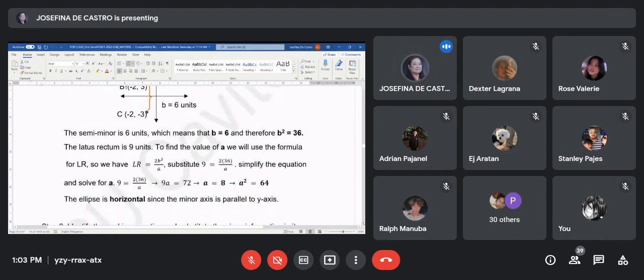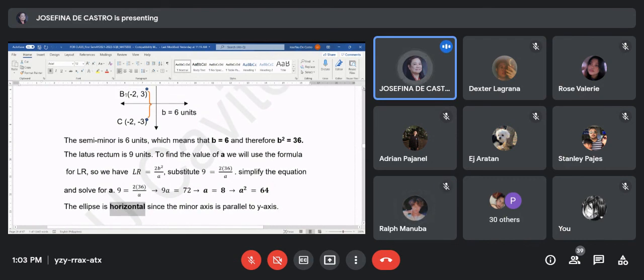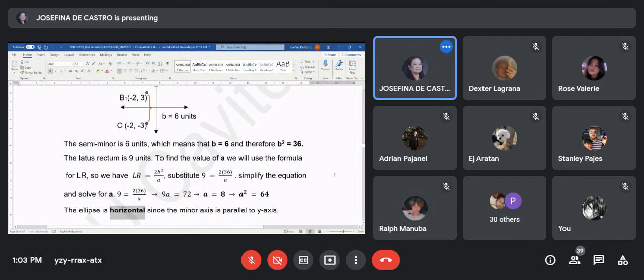Okay. So, you're convinced it's horizontal. Yes. Or are you still confused? Okay na po. So, knowing that the latus rectum is equal to 9 units and B squared is equal to 36, we can solve for A using the formula for LR. LR is equal to 9.